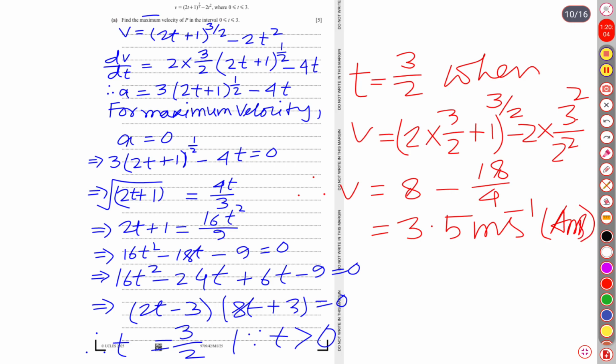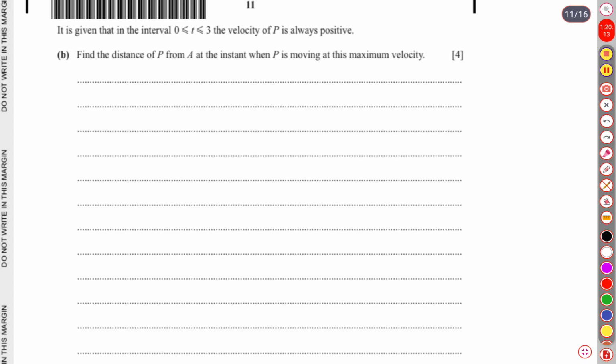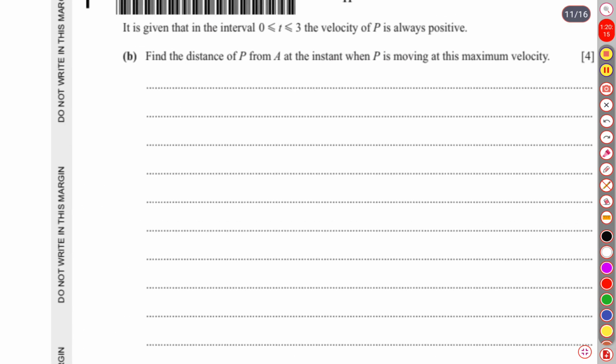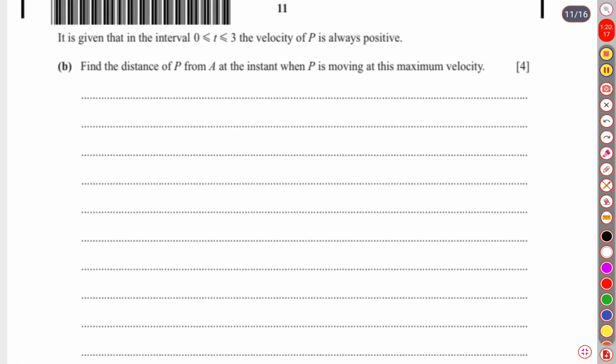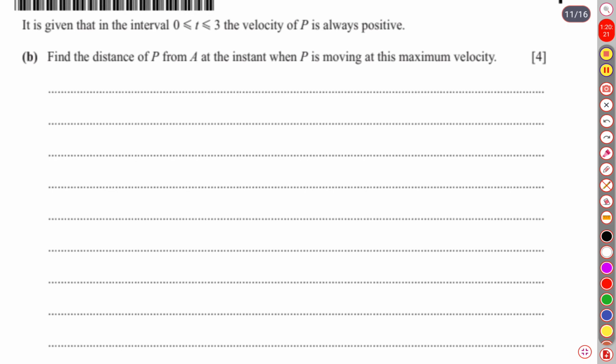Let's see what question number B says. It is given that in the interval 0 until 3, the velocity of P is always positive. Find the distance of P from A at the instant when P is moving at this maximum velocity.